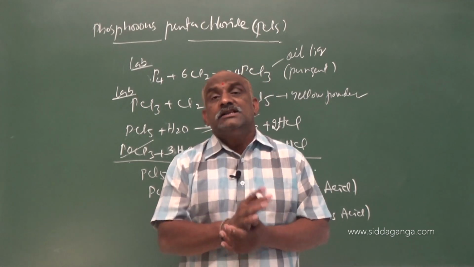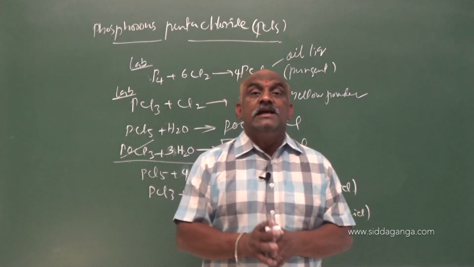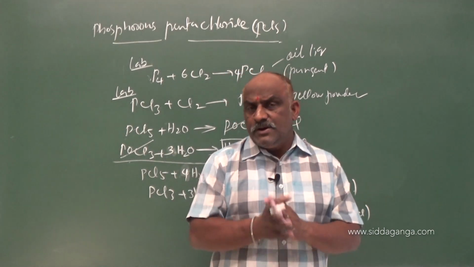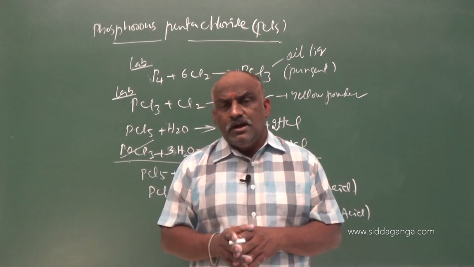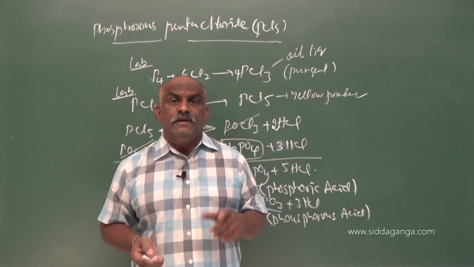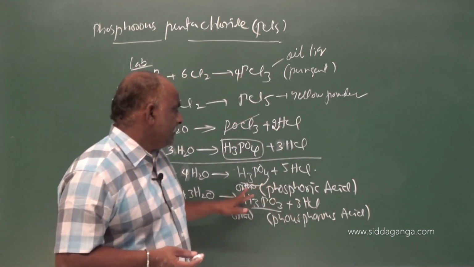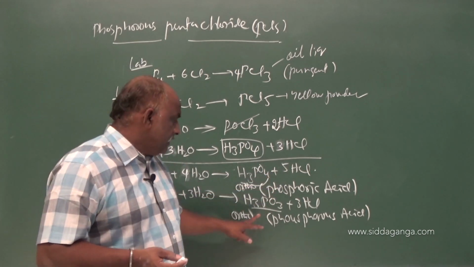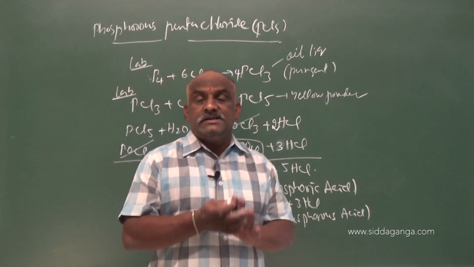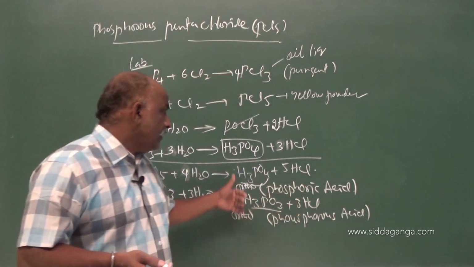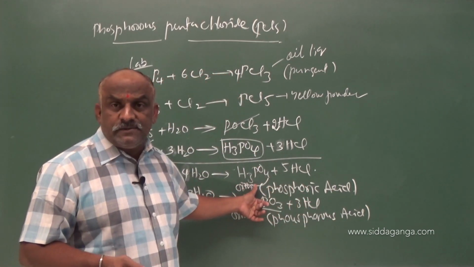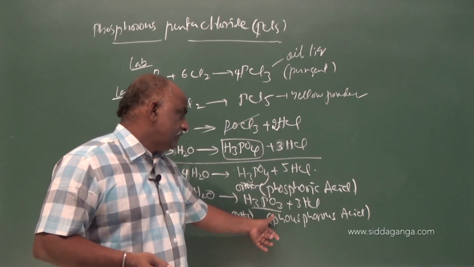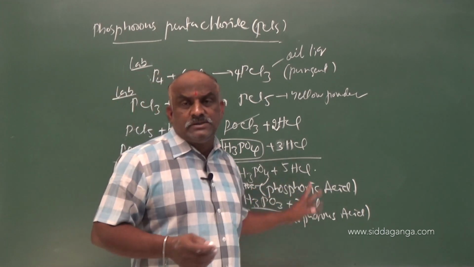Us acids are weak, ic acids are strong. Keep this point in your mind, my dear students. And here we get H3PO4, phosphoric acid, and H3PO3, phosphorus acid. Both are orthophosphoric acid and orthophosphorus acid.